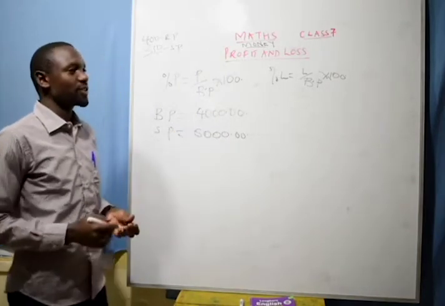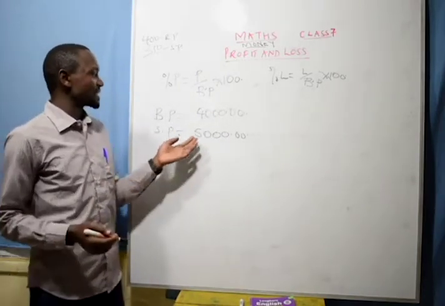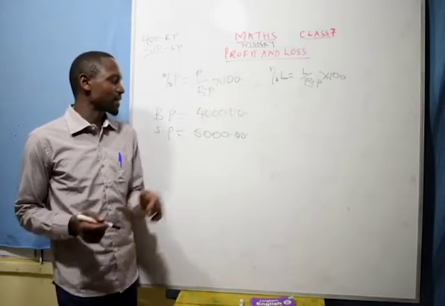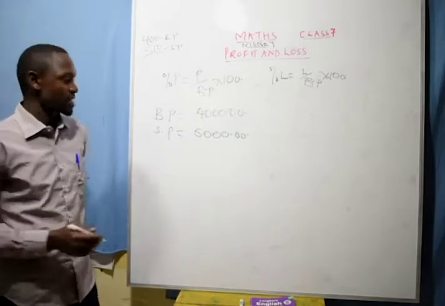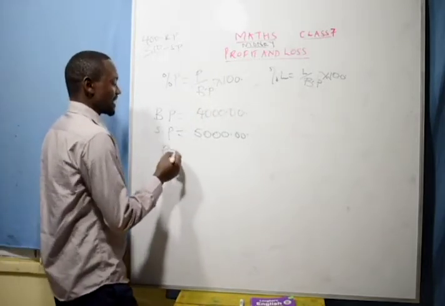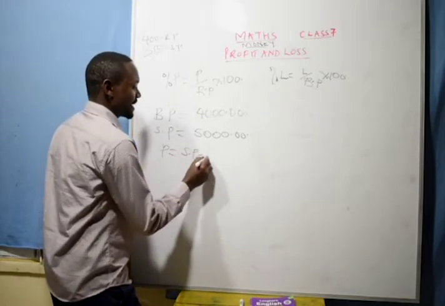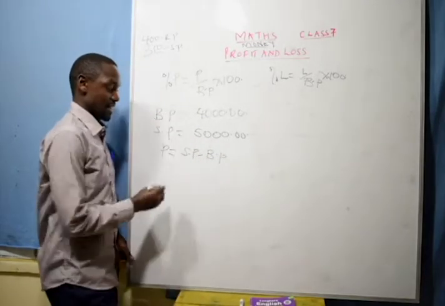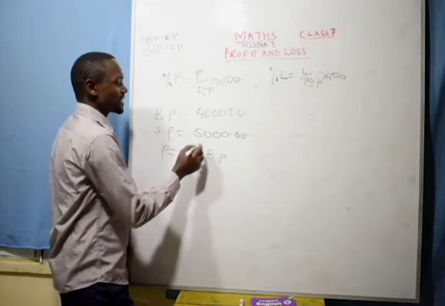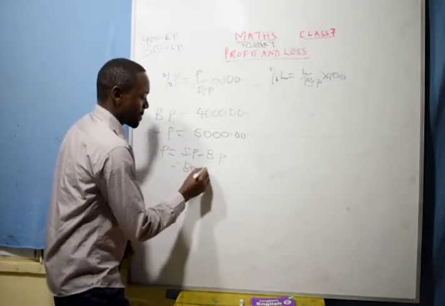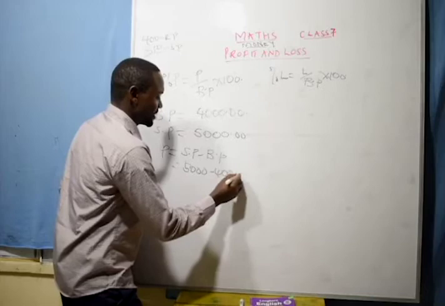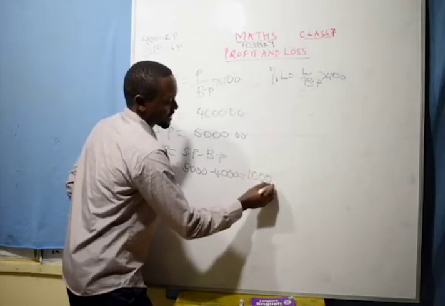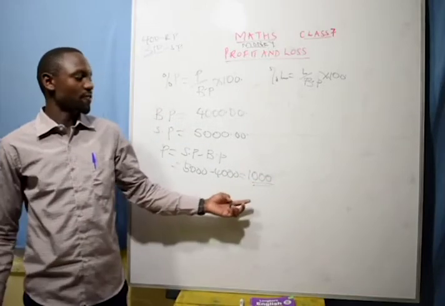Is this a profit or a loss? The selling price in this case is higher than the buying price. So this is a profit. We get the profit by saying the profit is equal to selling price minus the buying price. Then the profit here is 5,000 minus 4,000, which is 1,000 shillings.